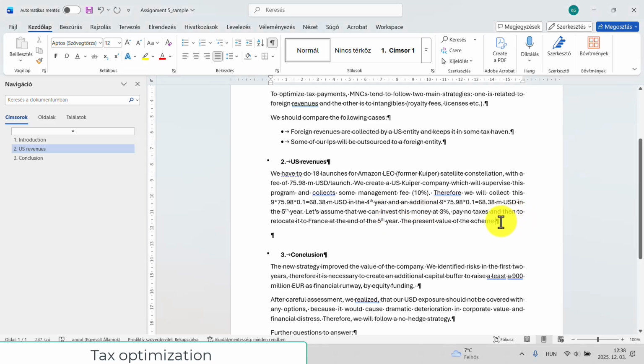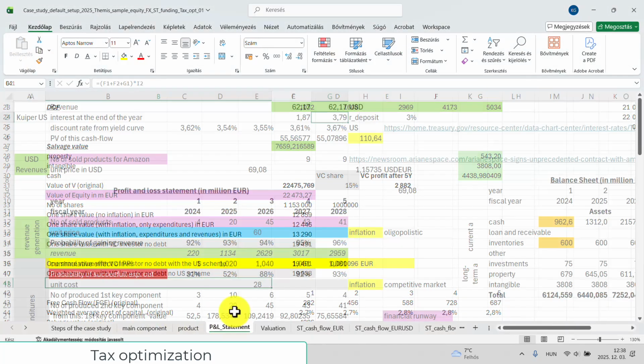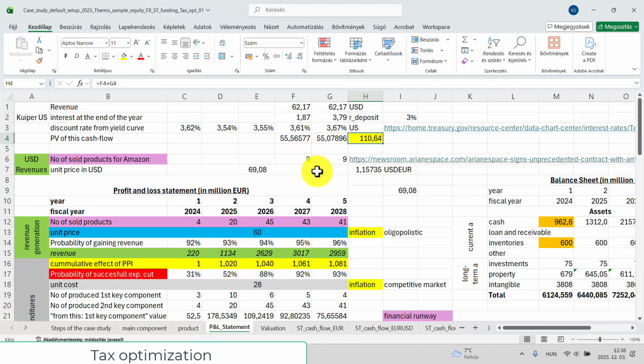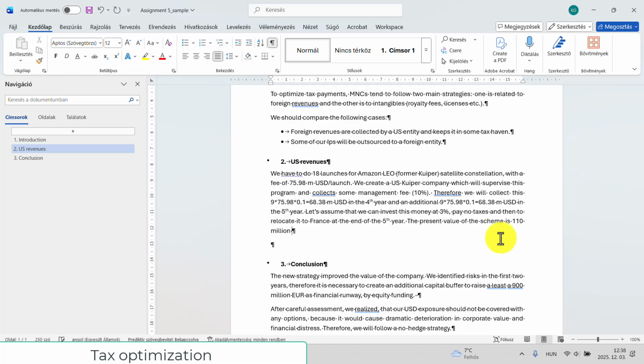Present value of the scheme is million USD, which is not much if we are calculating or estimating.